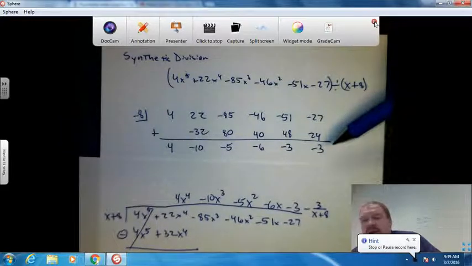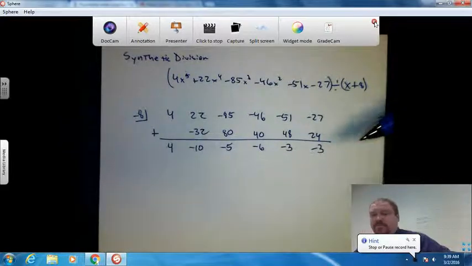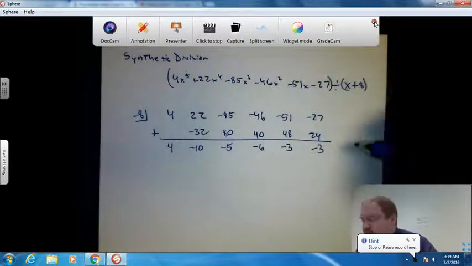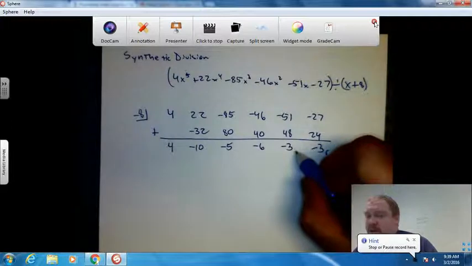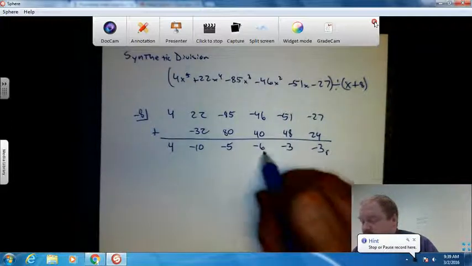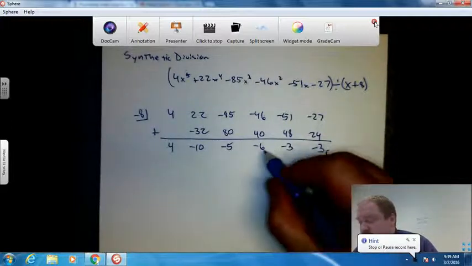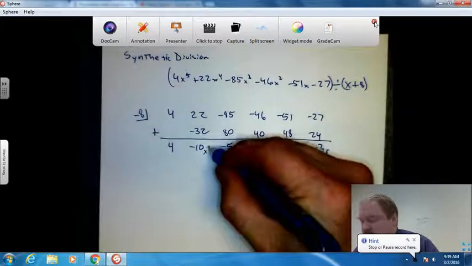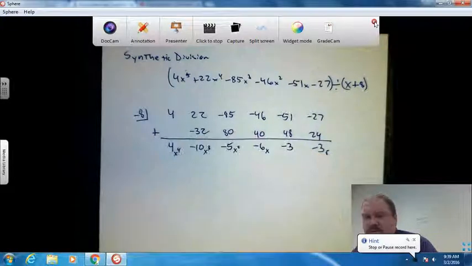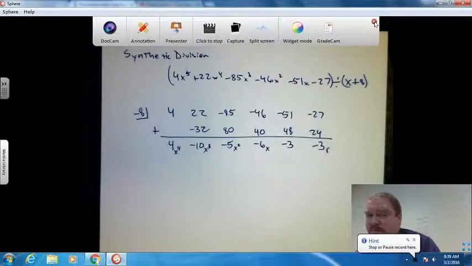Now, here's how we interpret them. This is the remainder. This is the number without a variable. So this has none. This gets an x, x squared, x to the third, x to the fourth. Okay, so that's how I'm going to write my answer.